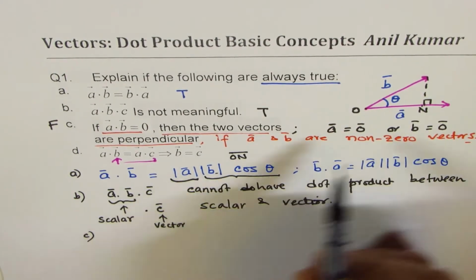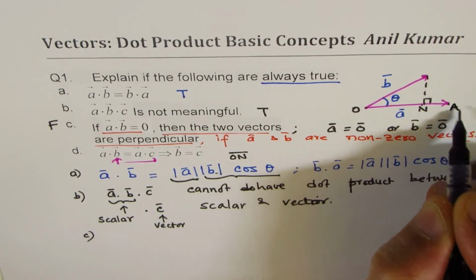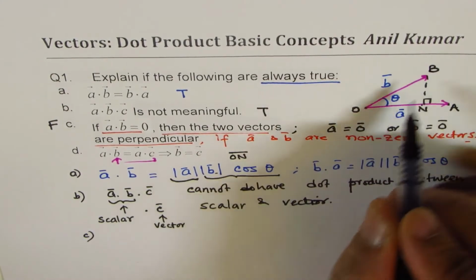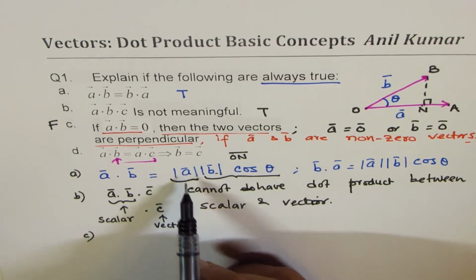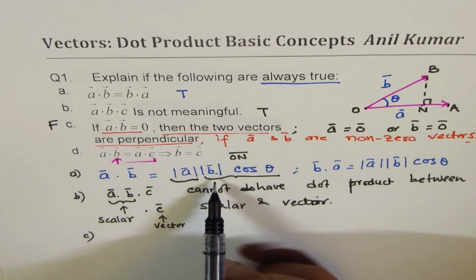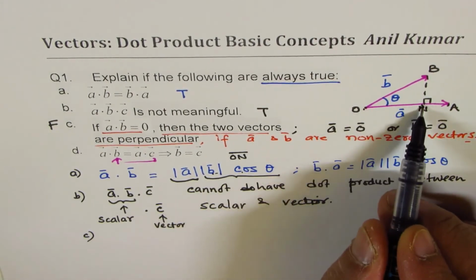So A magnitude is fixed, which is shown by the line, let us say OA, and this is OB. In that case, you can see that the magnitude of A is OA, and the magnitude of B times cos theta is ON.